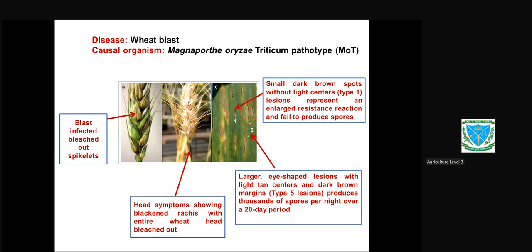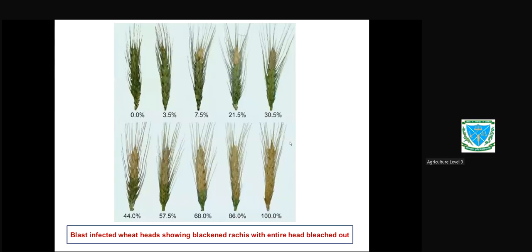Okay. And once the pathogen escapes infection on the leaf, you can notice the symptom on the head as bleaching out, or bleached out symptoms. And you can see the black discoloration on the rachis if you closely observe. Here in this slide you see the different levels of infection.